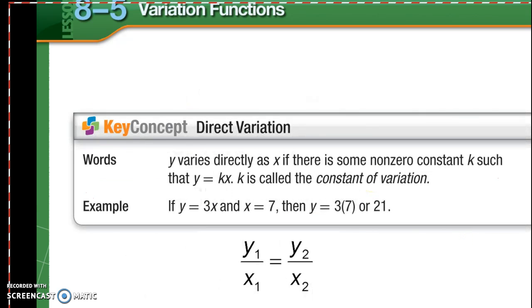So we're going to look at direct variation, and there's a few ways that you can do these. We're going to stick with finding the constant k. So a direct variation means it's directly affected: when x changes, y changes. You can see that this is linear, and k is your constant of variation. So that's always going to stay the same in whatever situation.